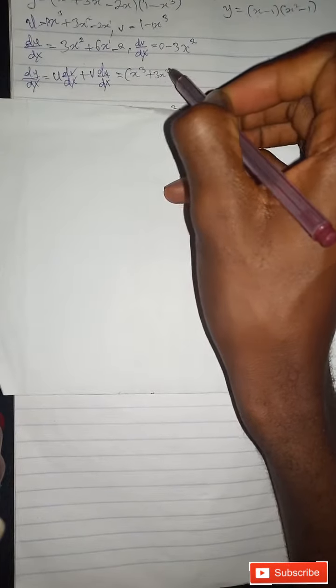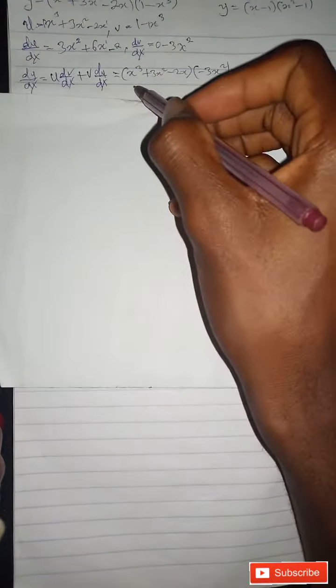Okay, of course from our formula we know that dy over dx is u dv/dx plus v du/dx. So what is u? u is x cubed plus 3x squared minus 2x. dv/dx is just this, minus 3x squared, right, plus.